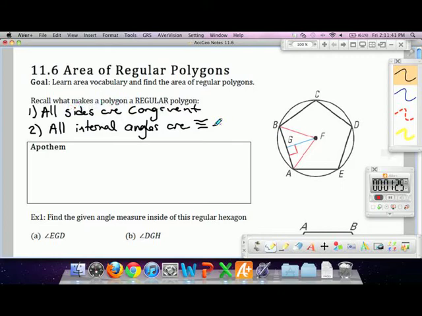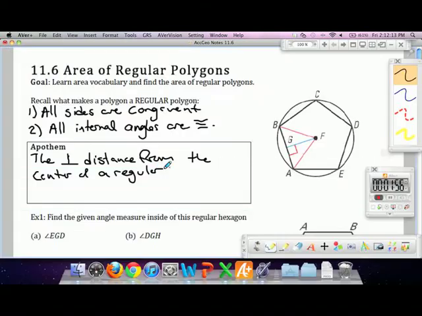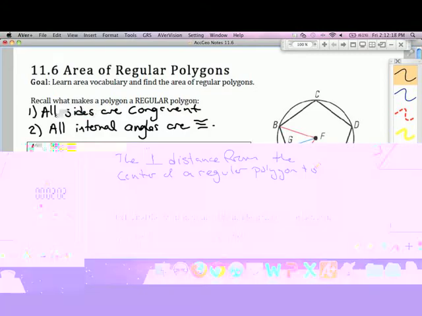In addition, we're going to add a special segment, a vocab word here called an apothem. This segment is the perpendicular distance from the center of a regular polygon to any side.